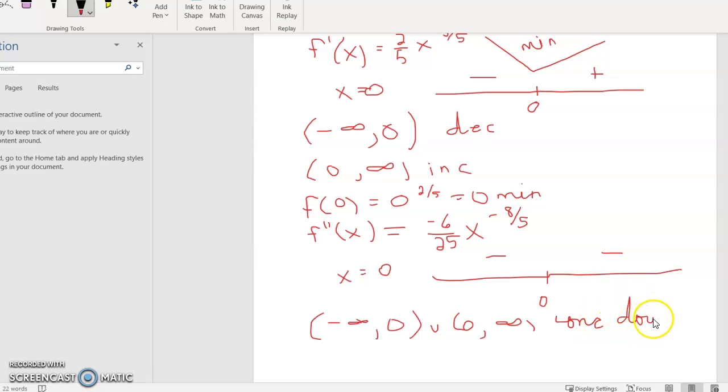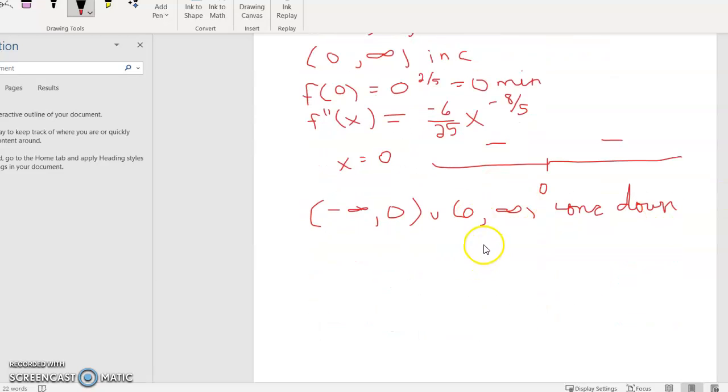And 0 is not an inflection point because the signs do not change here. We also already have the y value for 0. We got that right up here when we were finding the min. So I've got the point 0, 0.